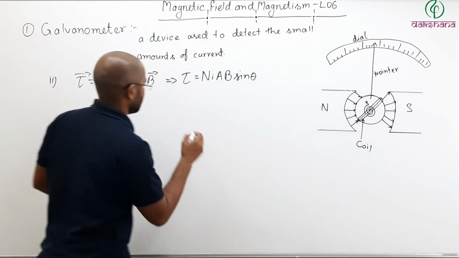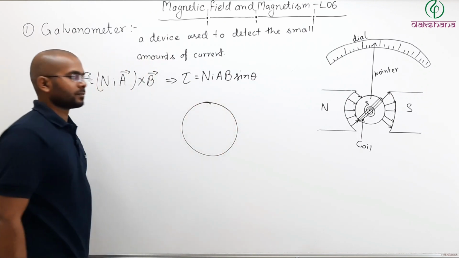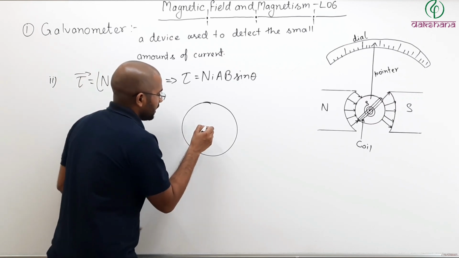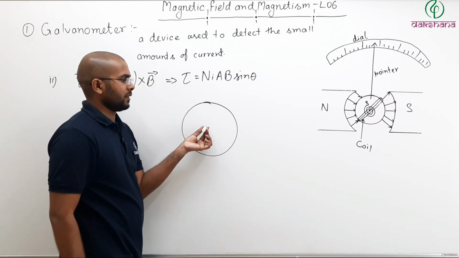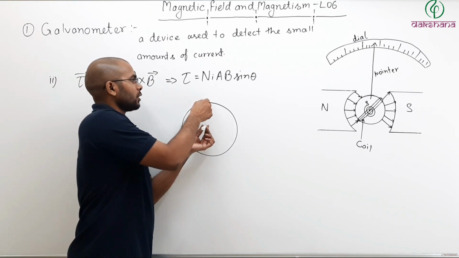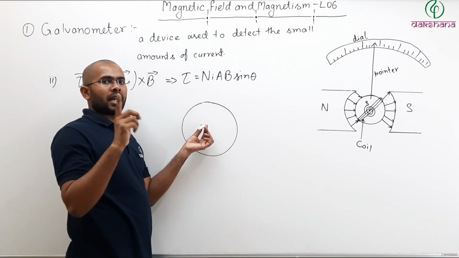How? See here. Let us say this is my current carrying loop. Now, if a field line is crossing through your loop but not crossing through your wire, it will not apply force.